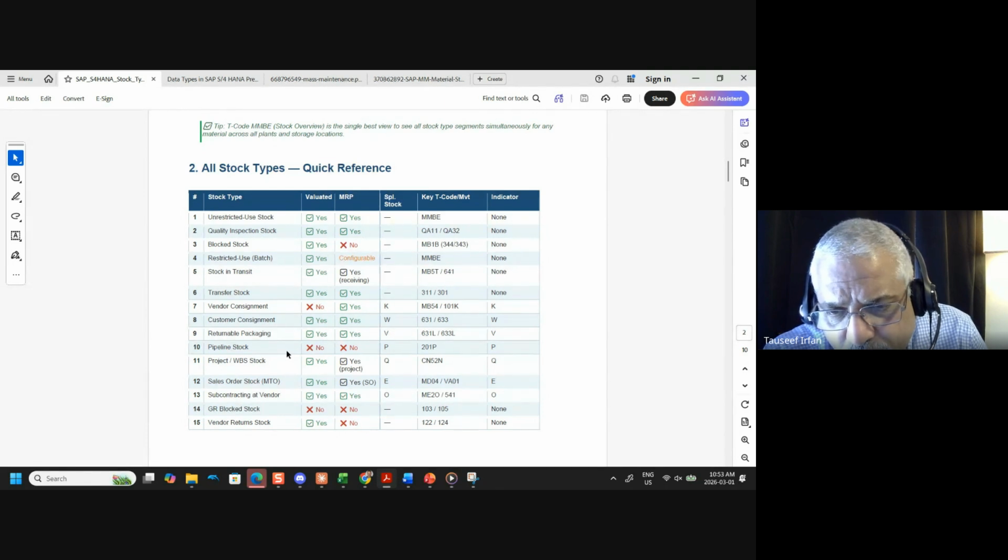They will charge you for how much you have consumed, not how much is in your house. They're not saying, oh, you have 10 kilowatts of utility in your house, so I'm going to charge for how much you have. No, the billing comes for how much you consumed. So that's why it is non-stock, non-valuated.